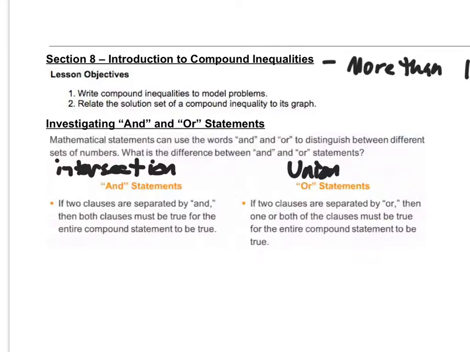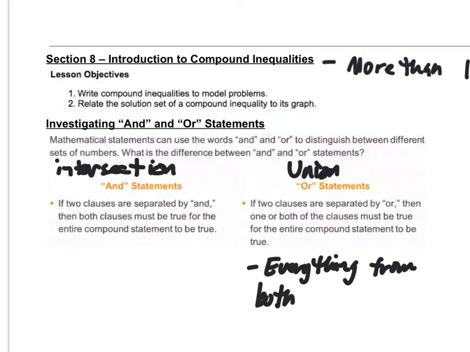The way I like to think about it, union typically has the word marriage, where everything from both inequalities is considered, or let's just say graphed.